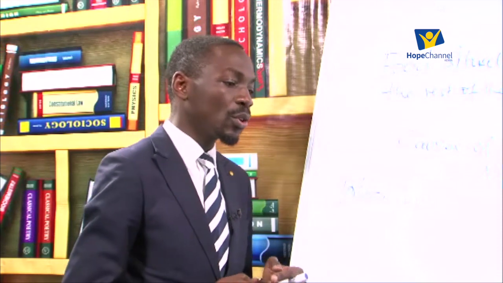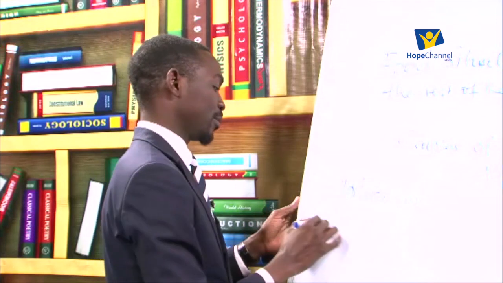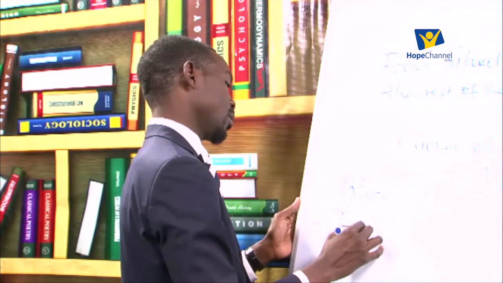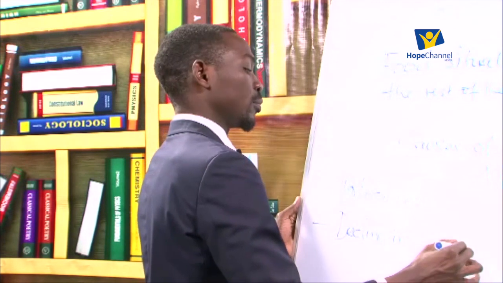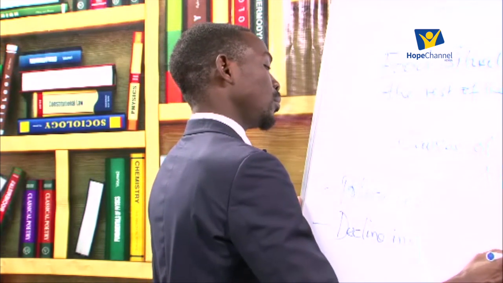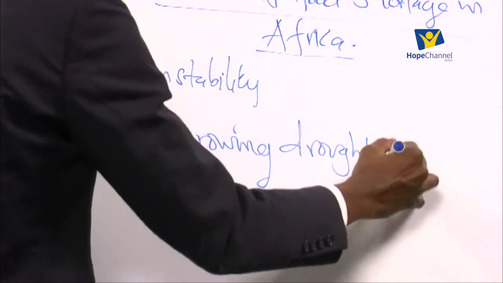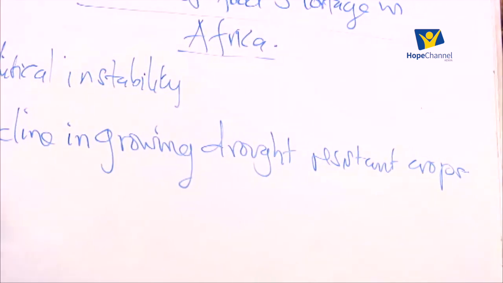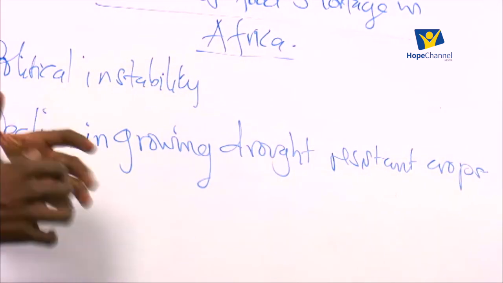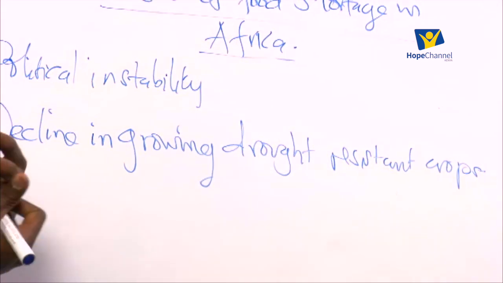Then we have also decline in growing drought-resistant crops. Now, because of what we have called poor attitude, Africans are not interested in growing drought-resistant crops. They prefer the crops which are not drought-resistant.